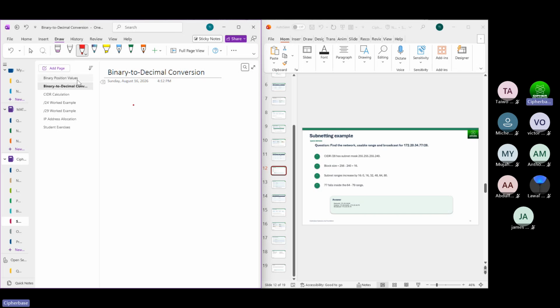Now we have what is called a prefix. We use this slash. You can have /1, /24, /12, /32.